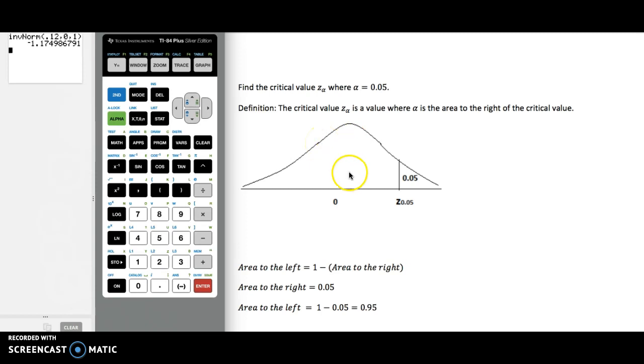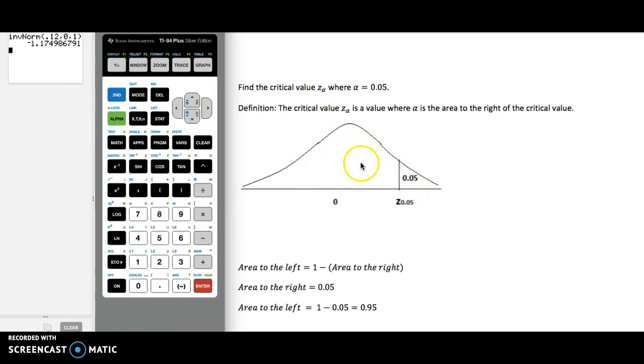And so what's important here to remember, and that's why the graphs are helpful, is if you have 0.05 on the right side of this z-score, then you need to always enter in your calculator the area to the left of the z-score. Well, this is the area to the right, right? We know the area to the right is 0.05.